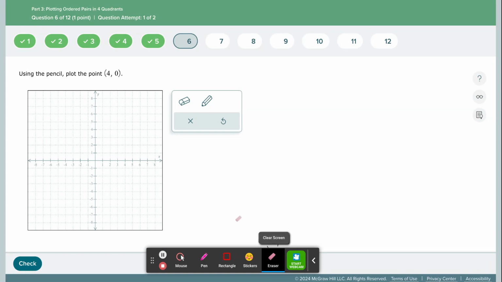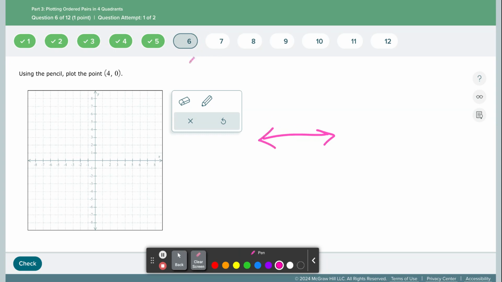Okay, so this one, using the pencil, plot 4, 0. Again, 4 is my first number. That's if I'm going to go left or right. Well, if it's positive, I know I'm going to go right. This is your positive. This is your negative. If I'm at a 0, it means like game over.